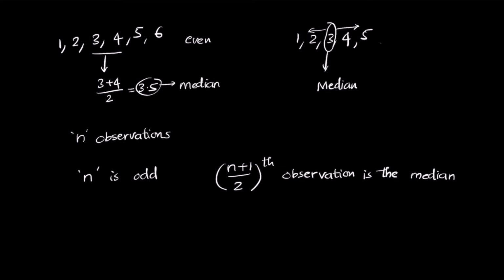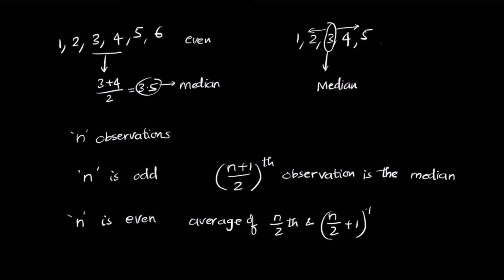This is when n is odd. If n is even, then it's the average of the n by 2th and the n by 2 plus 1th observation that is the median.